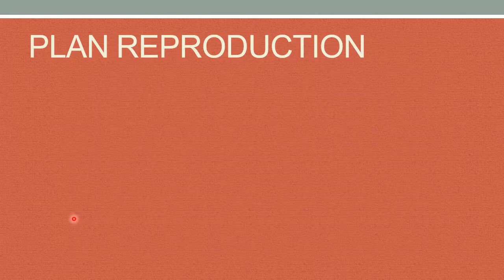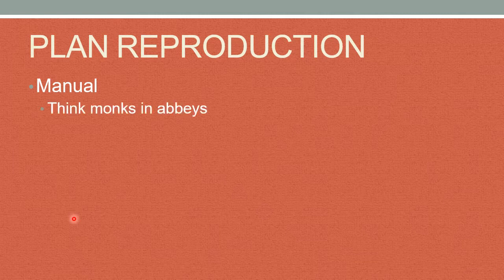Now, I have a set of plans. Unless everyone is going to share the same set of plans, I have to make multiple copies. How do I do that? Again, in the old days it was done manually, simply recopying the drawing over and over again by hand. Think monks and abbeys. Then there was the blueprint.